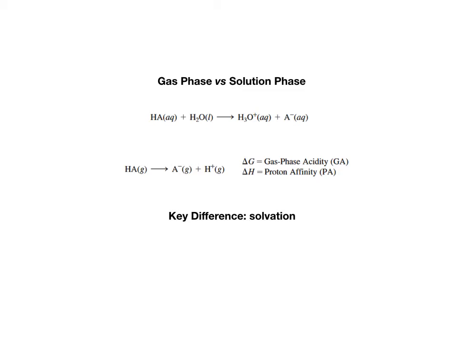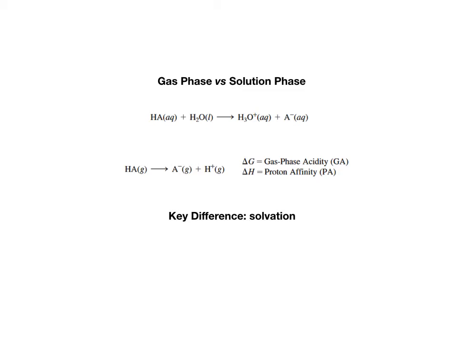So the overall trend in acidity and basicity in the solvent and in the gas phase could be very different. We're going to look at a couple of examples in the following slides.